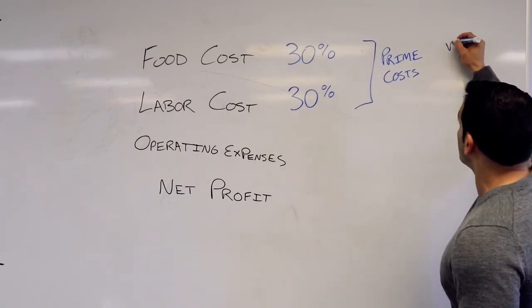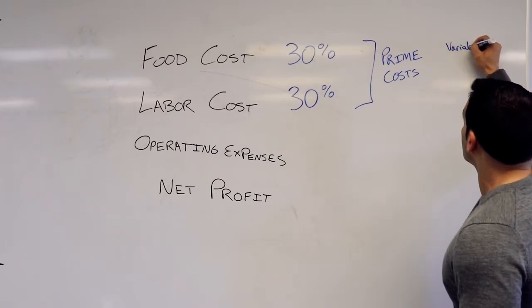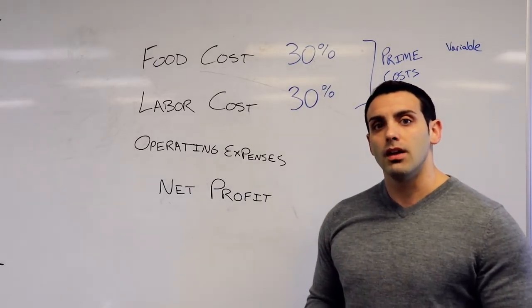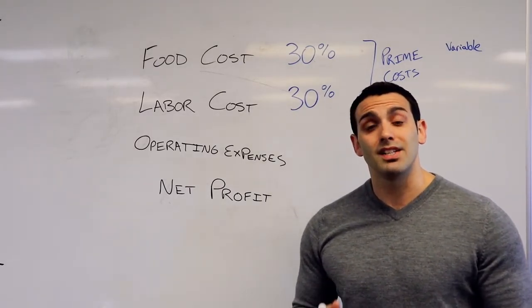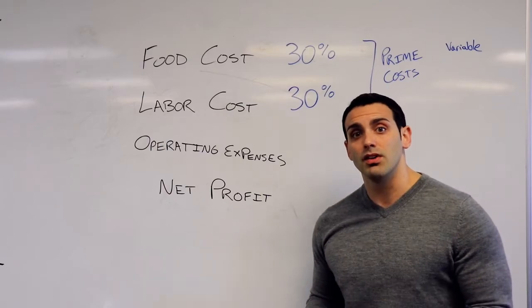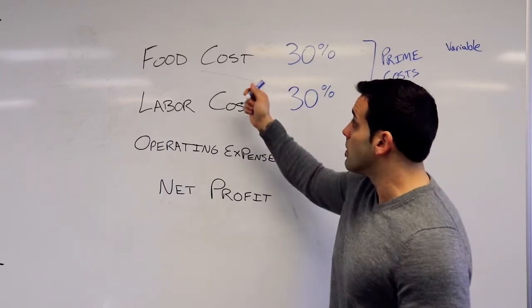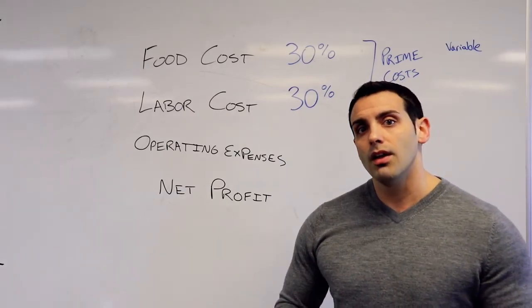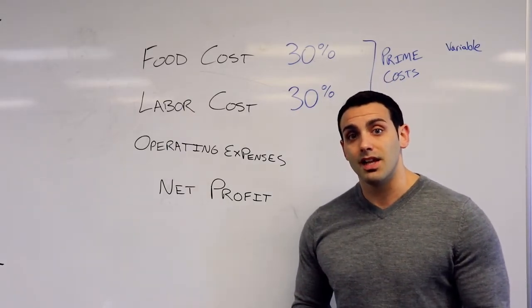And these are going to be variable, meaning that they will fluctuate with the level of activity that our restaurant experiences. So these, of course, will go up the more sales we have, and they'll go down if our sales decline.